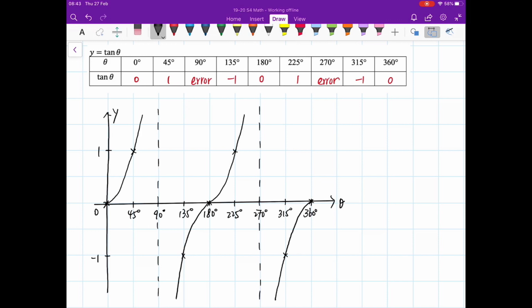For 90 degree and 270 degree, because there is no certain value, we cannot find a point for tangent theta.